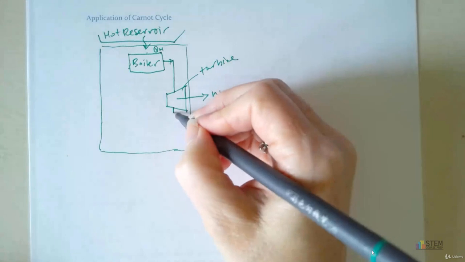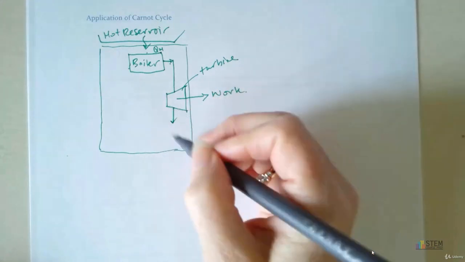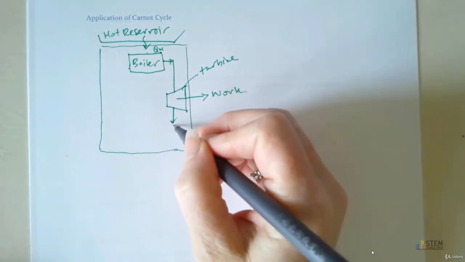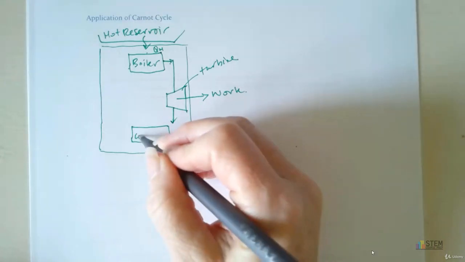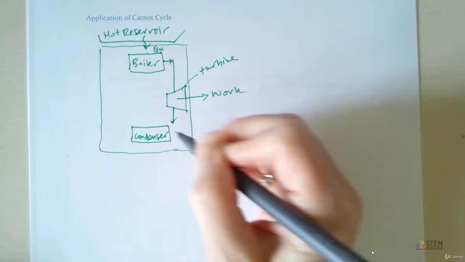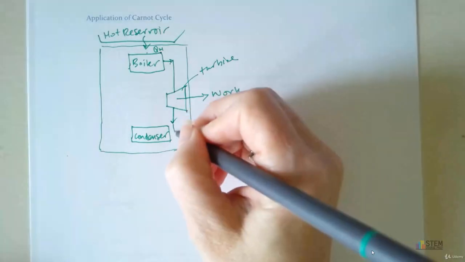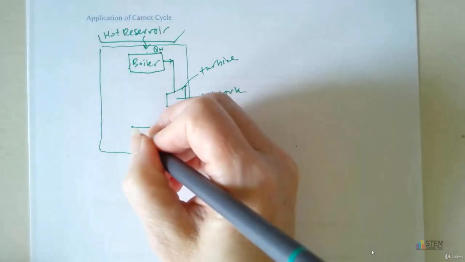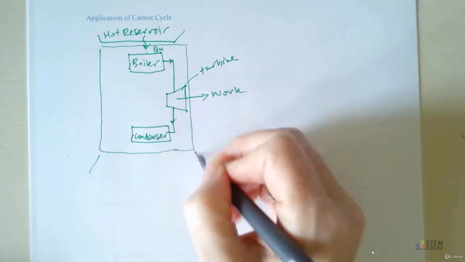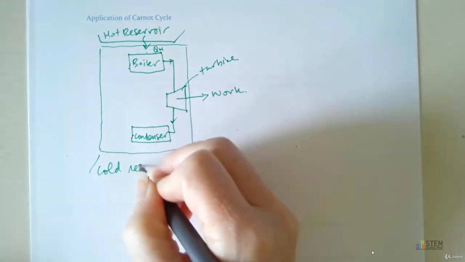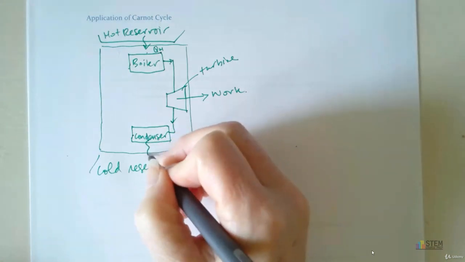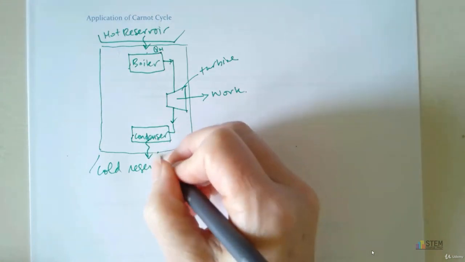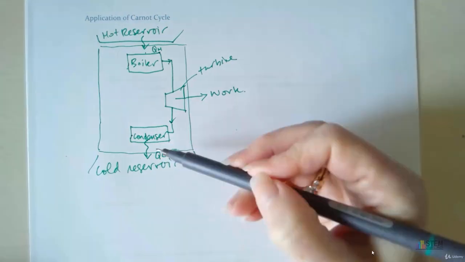And then after that, we flow out of that turbine, and then we are going to come into a condenser. We flow through the condenser, and then down here, we've got our cold reservoir. Now at the condenser, we're going to discharge energy in the form of heat to the cold reservoir. That'll be QC.